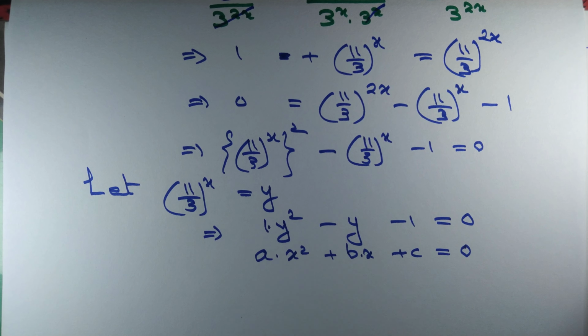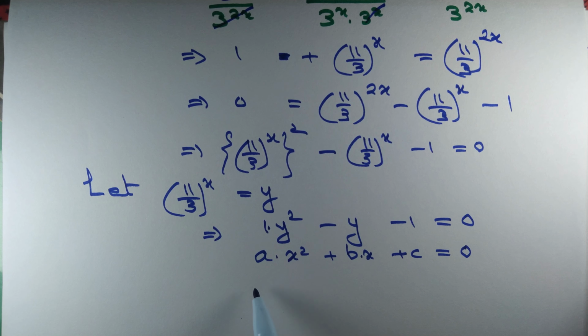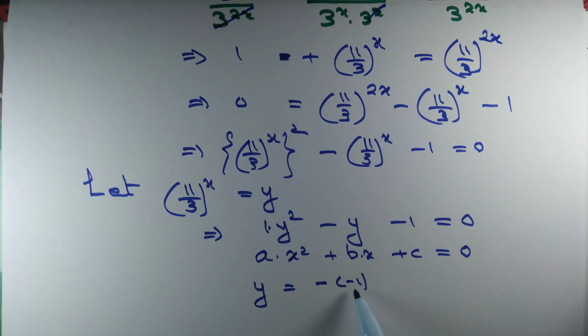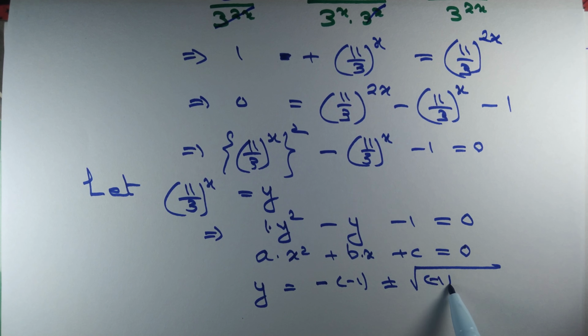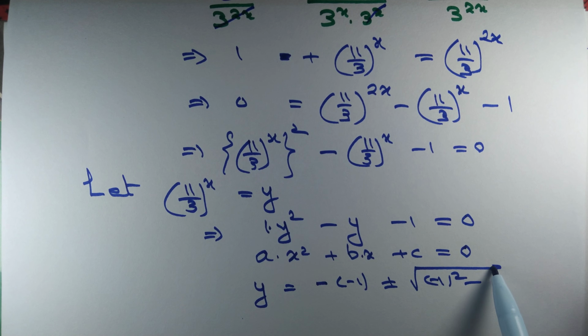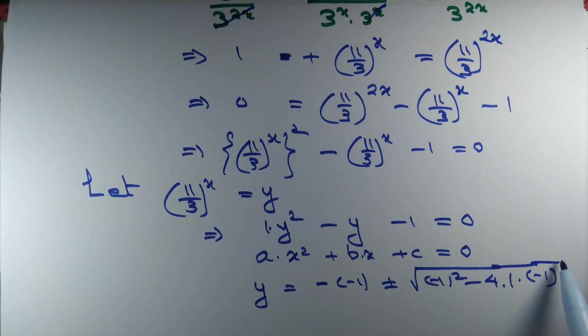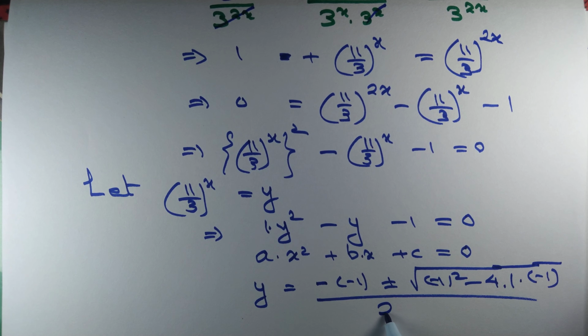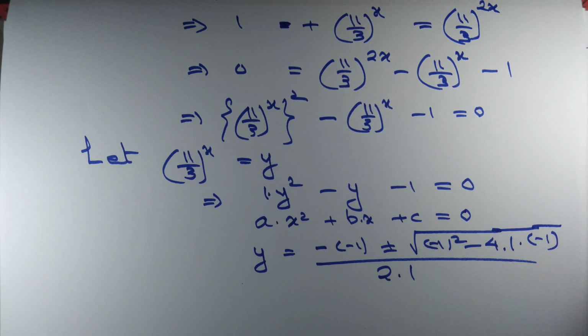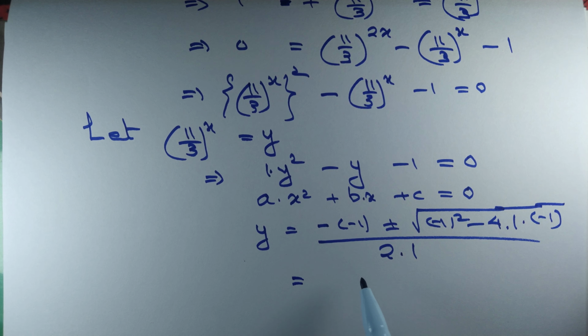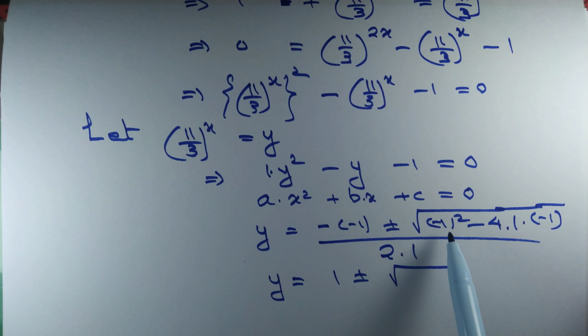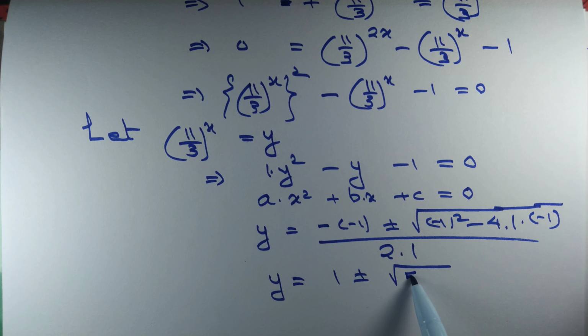Roots are given by x equal to, but we have a quadratic equation in y, so we write y equal to minus b, so minus of minus 1 plus minus root over b squared, so minus 1 whole thing square, minus 4 into a is 1 and c is minus 1, divided by 2a, a is 1. That's equal to 1 plus minus root over 4 plus 1 is 5, root 5, by 2.